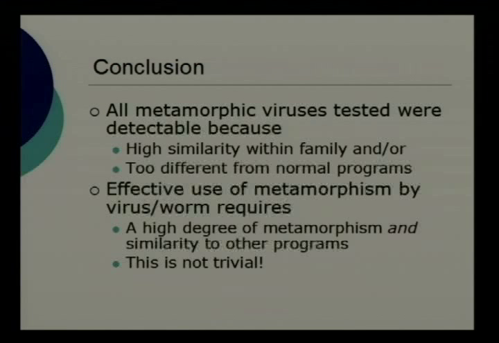So we conclude that the effective use of metamorphism by any virus or worm requires both a high degree of metamorphism and also some similarity to other programs. This is not trivial, and not as easy as it seems. I think that explains why we don't see many metamorphic virus outbreaks, because they are not as easy as most people would believe.